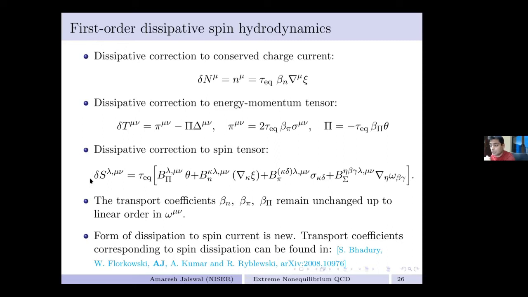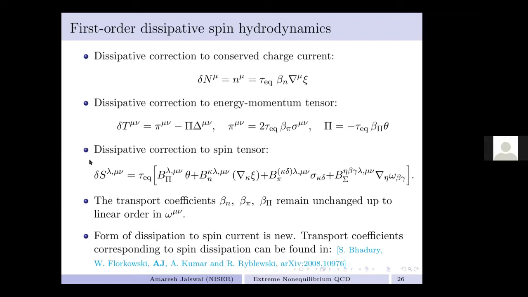So this is the total non-equilibrium correction to the spin tensor, delta S lambda mu nu. Like delta T mu nu, which you could split into shear and bulk viscous parts, you can then obtain constitutive relations for pi mu nu and capital pi and so on. We also need to first decompose this. So probably that is the constitutive relation that you mean.